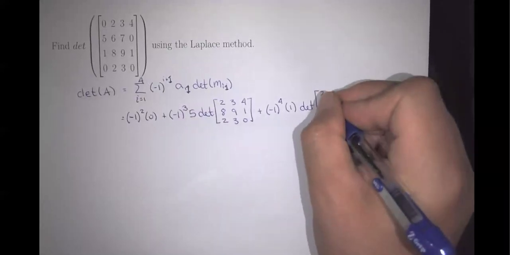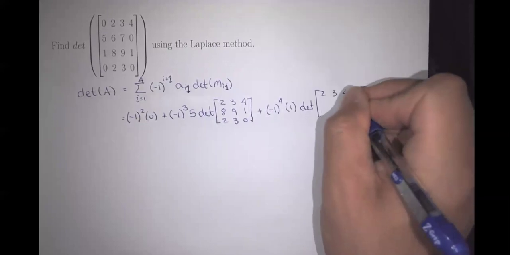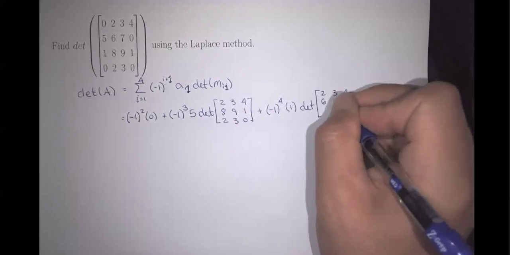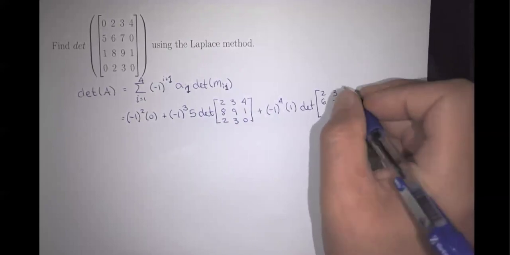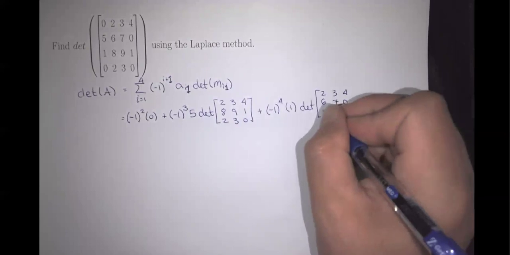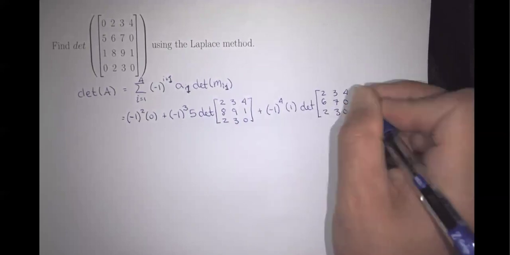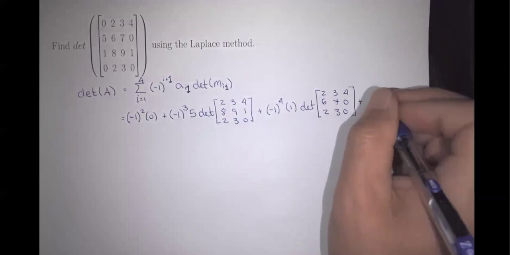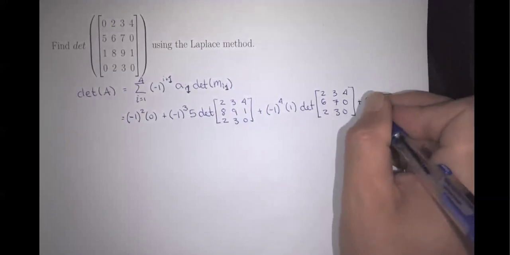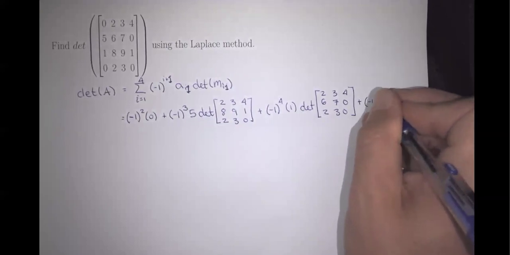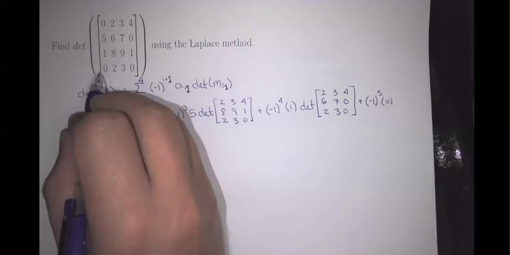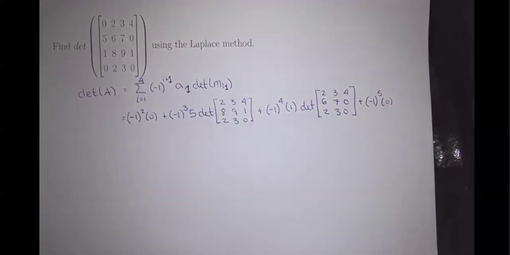So we get 2, 3, 4, 6, 7, 0, and 2, 3, 0. Plus -1 to the 5th times 0 times some determinant, which I'm not going to worry about because it's being multiplied by 0 anyway.